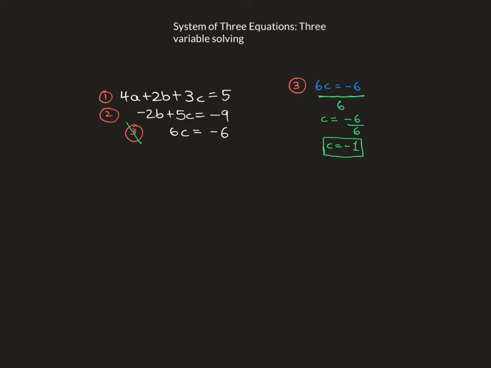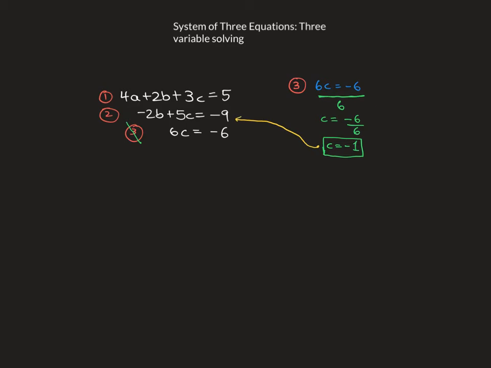And now let's look at our first and second equation. What can we substitute in our value of c in order to get a separate variable? We can take our value of c and put it into our second equation.